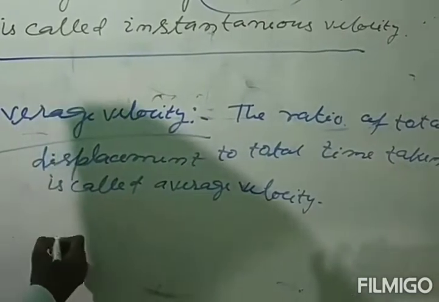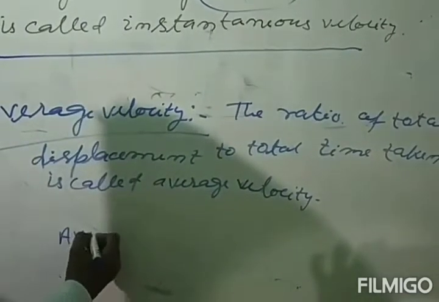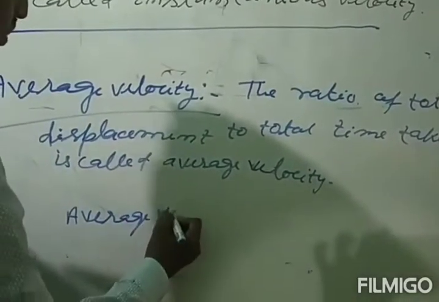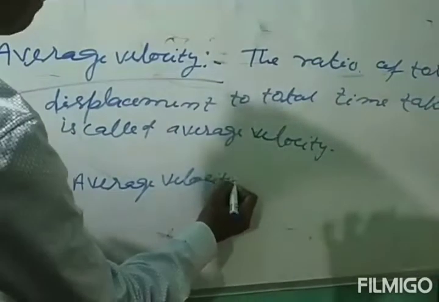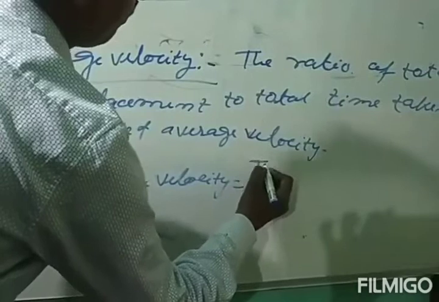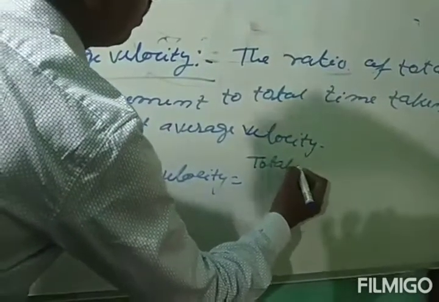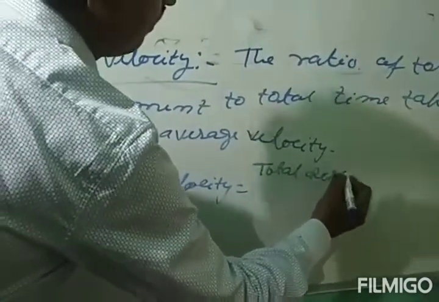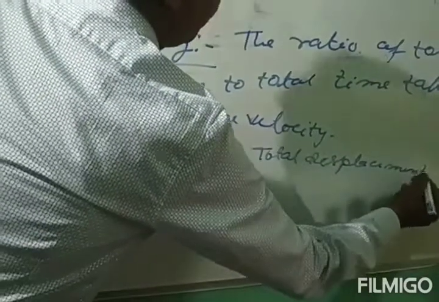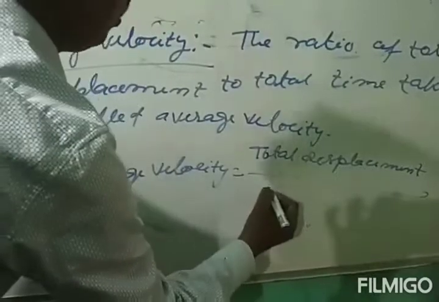As for the formula, average velocity is equal to total displacement by total time.